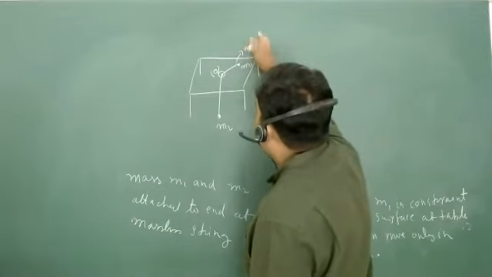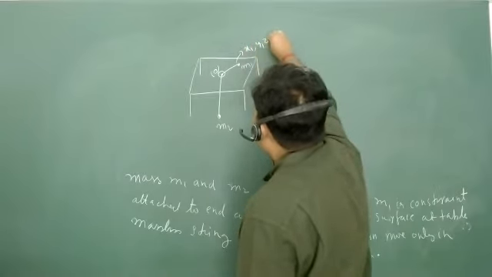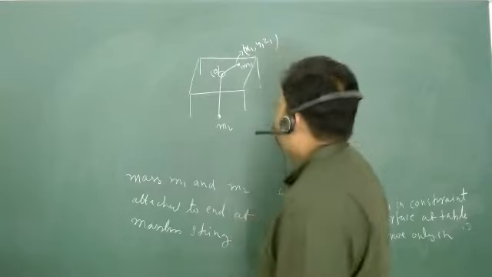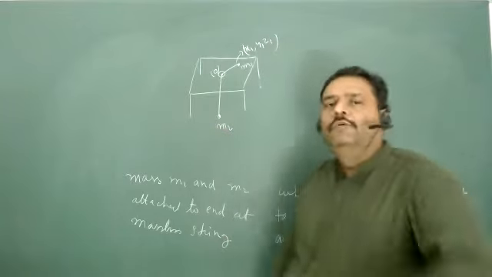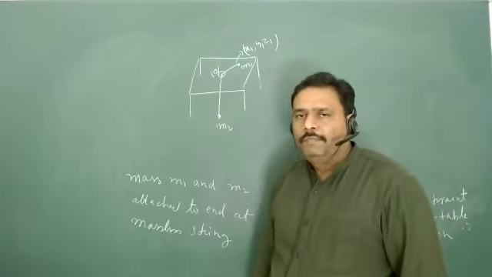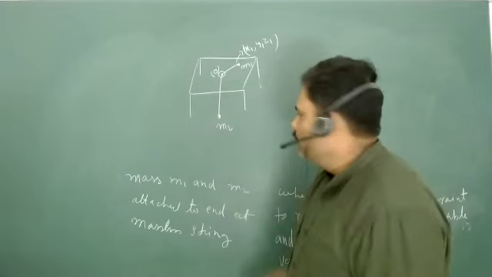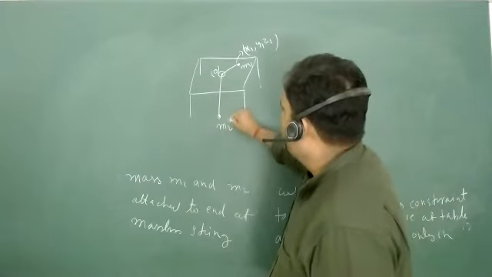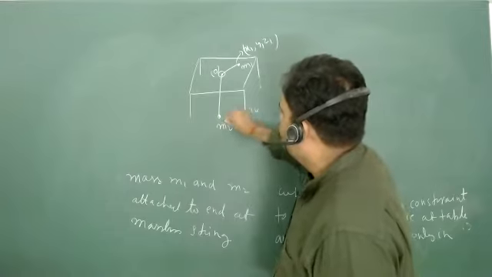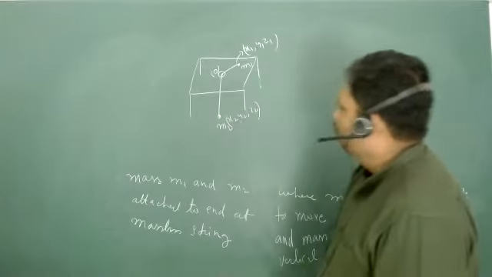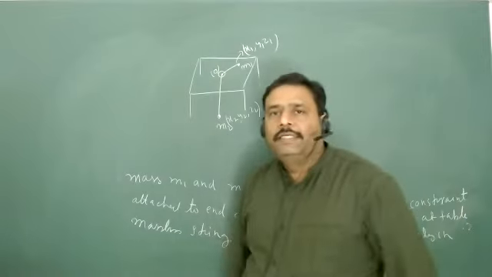Its coordinate should be x1, y1, z1. And suppose this second mass can also move independently in any direction. Let them free. Then what will happen? This will be x2, y2, z2. But this is not the story. The story is entirely different.